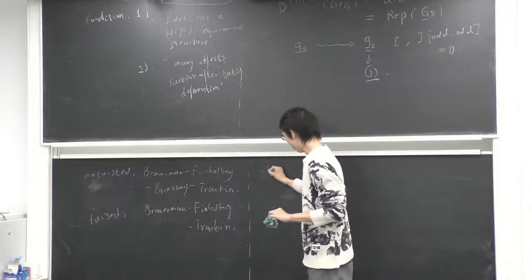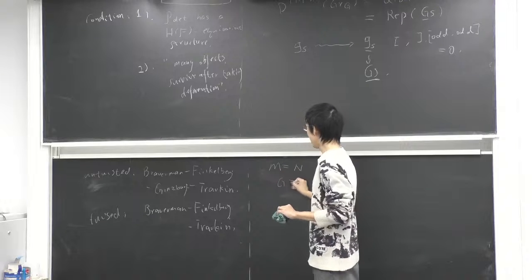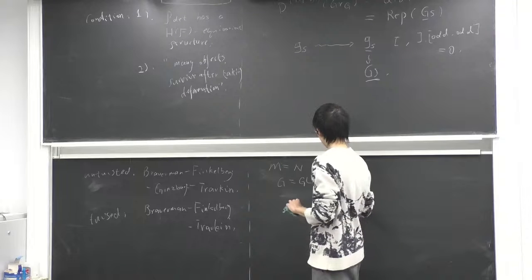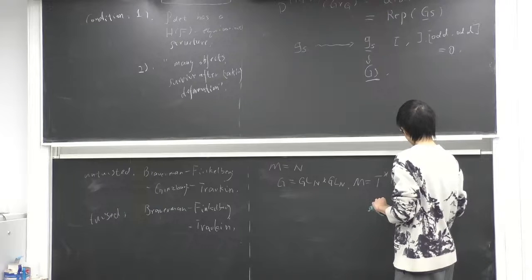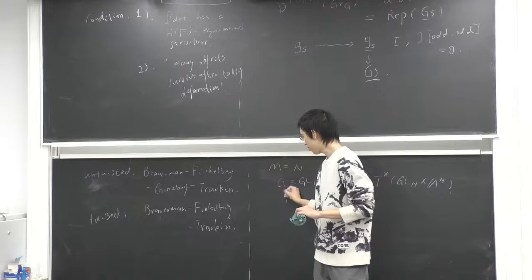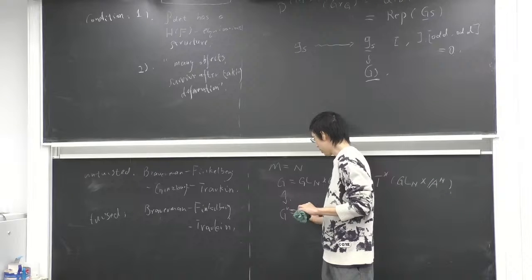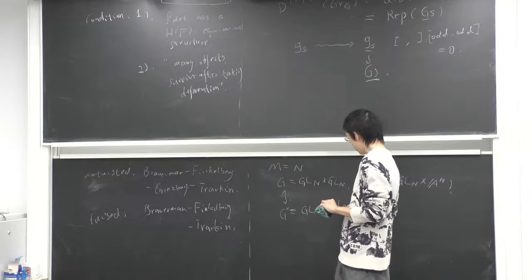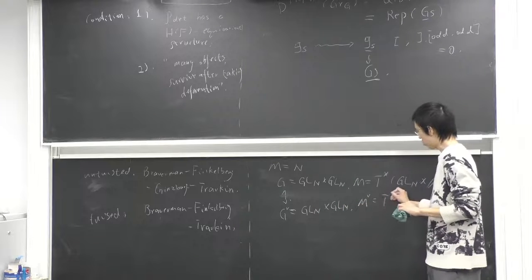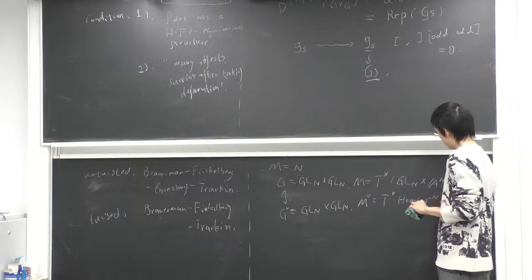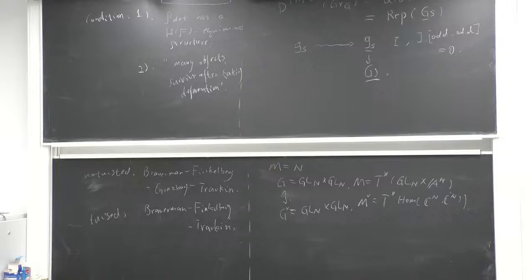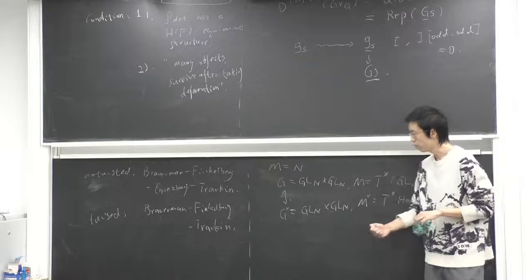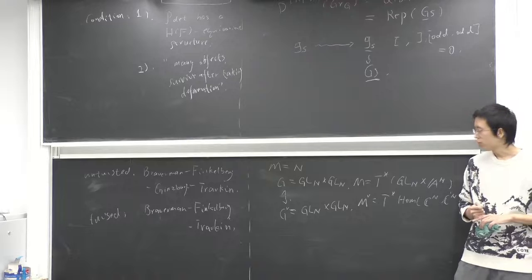For m equal to n, your G is GL(n) times GL(n), and your M is T star of GL(n) times A^n, and its hyperspherical dual is given by this, where your G check is still GL(n) times GL(n), and N check is T star Hom(C^n, C^n). This is the even part of the supergroup, and this one is the odd part of the corresponding superalgebra.